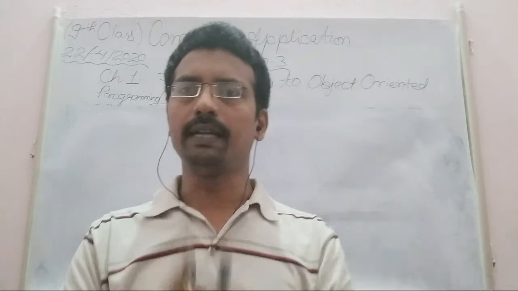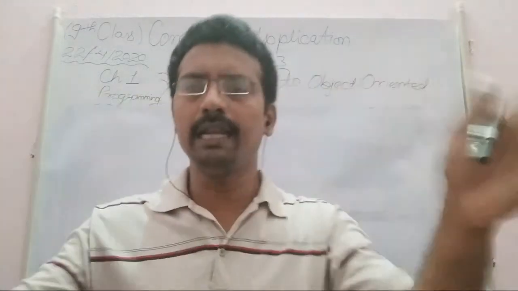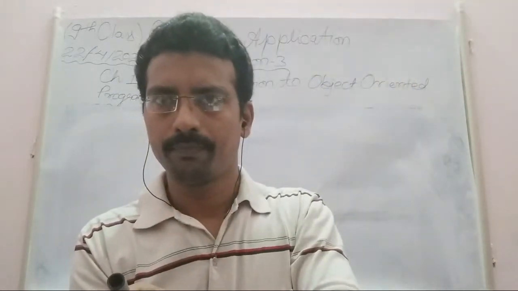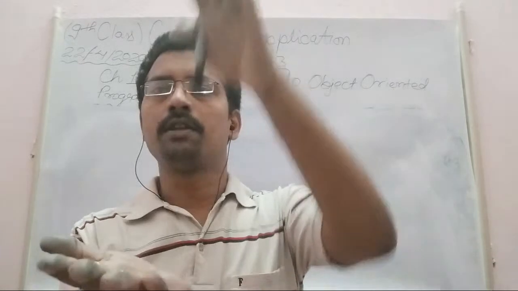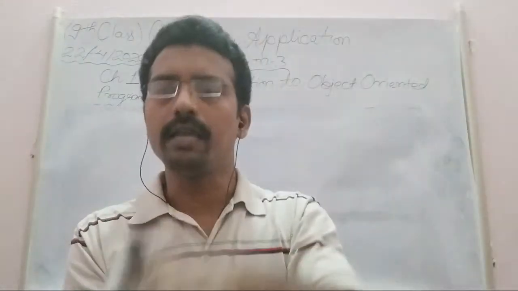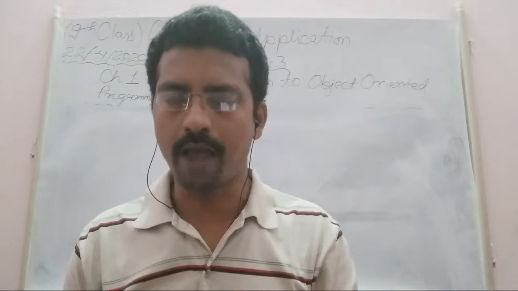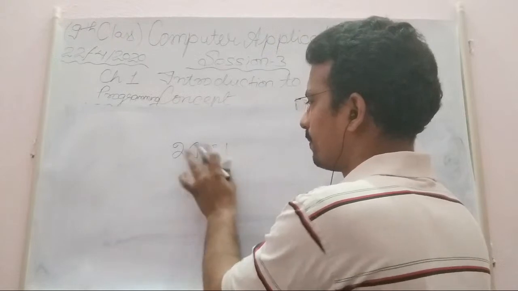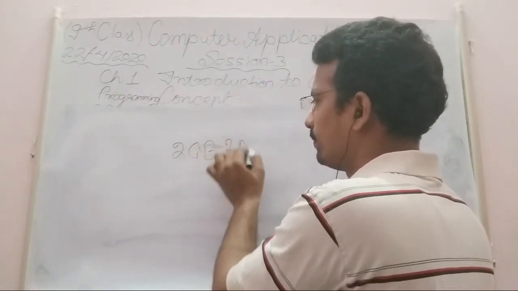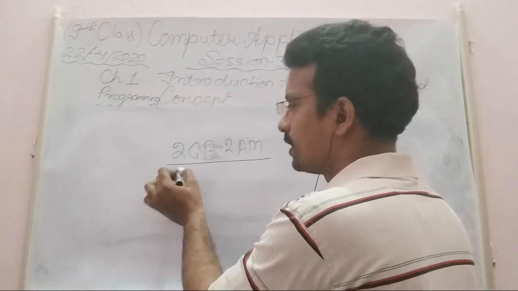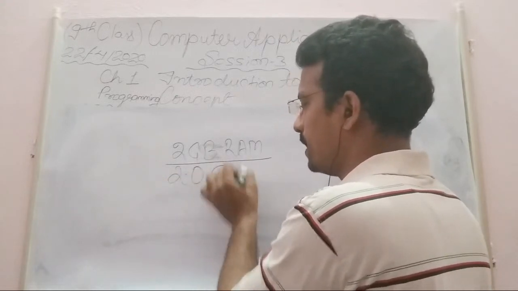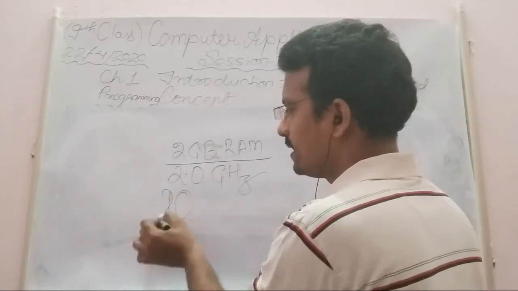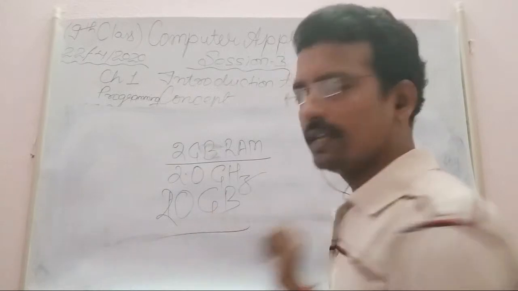Suppose you have created software in any language, and when you install that software in your computer, it requires a very high configuration. High configuration, I will explain: minimum 2 GB of RAM, processor more than 2 gigahertz speed, hard disk at least 20 GB storage.